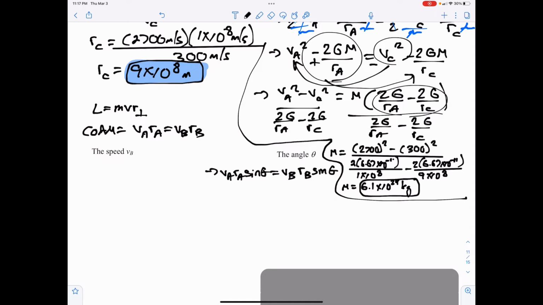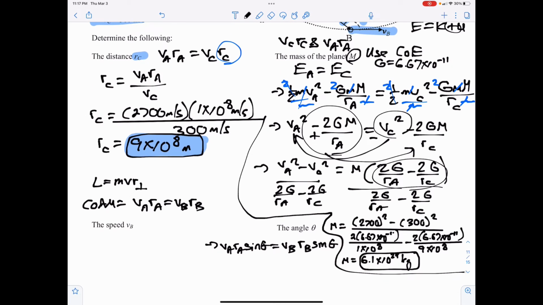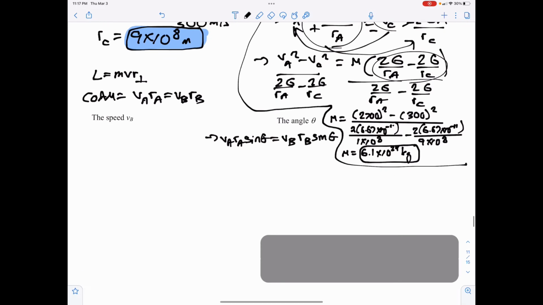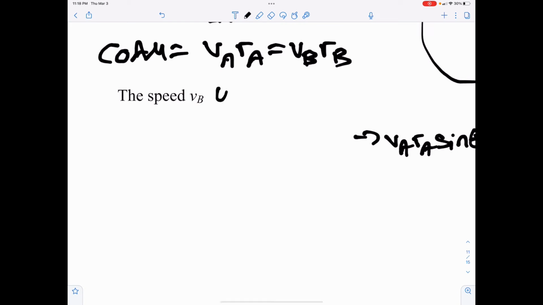But what we could do is use something similar to what we did in the last part. To find the mass, we used conservation of energy. Well, mechanical energy is conserved everywhere too, regardless of the radius. The beauty of conservation of energy is you don't need vector components like we did for angular momentum. We just simply need energies. So let's use conservation of energy again.